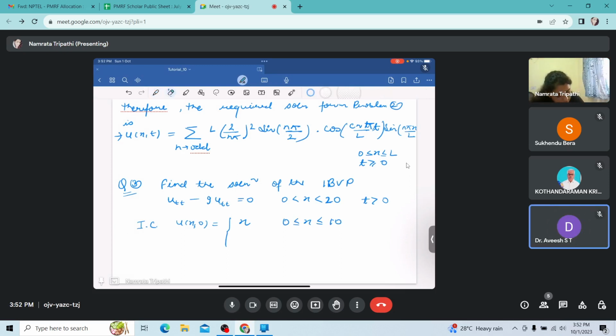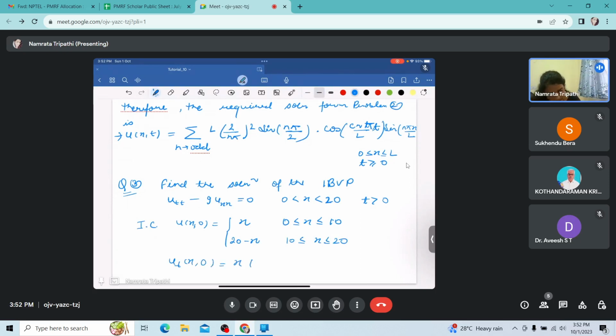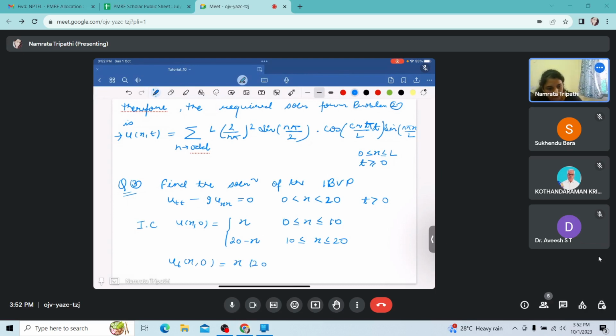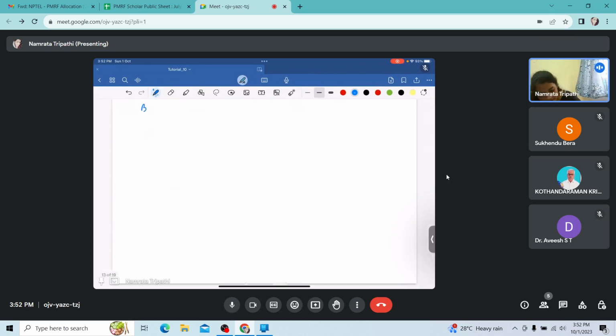Okay, yes, it is 9uxx. So this is the initial condition, and one more initial condition is x into, the boundary condition is given.